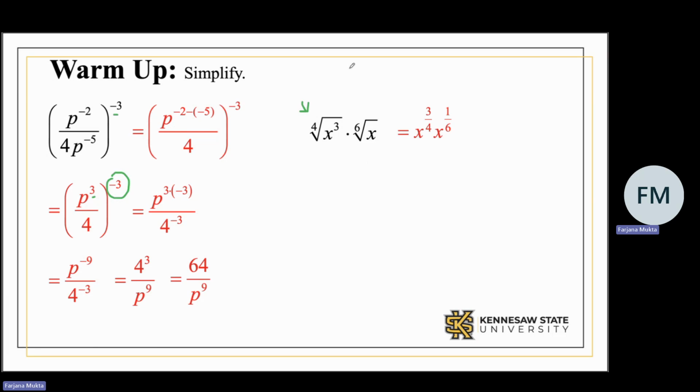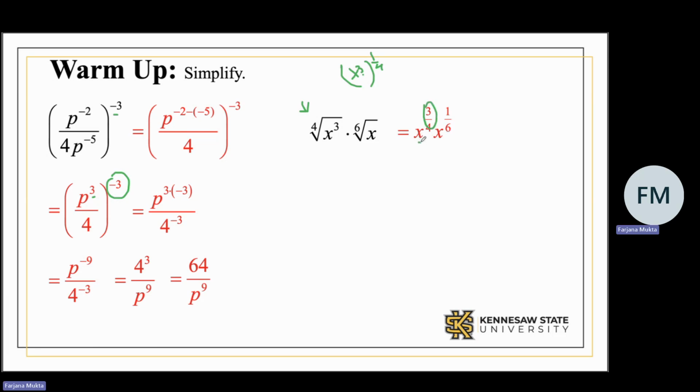So that means we have x to the 3, and on the top for the fourth root we have 1 over 4. An exponent on top of another exponent, we multiply them, and we get 3/4, right? Times x to the 1/6.